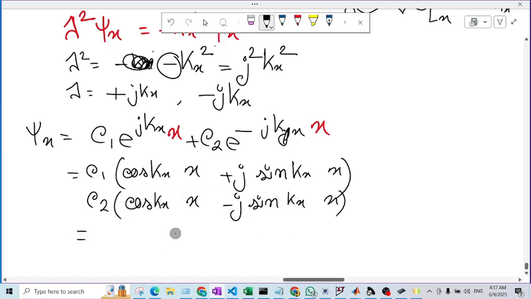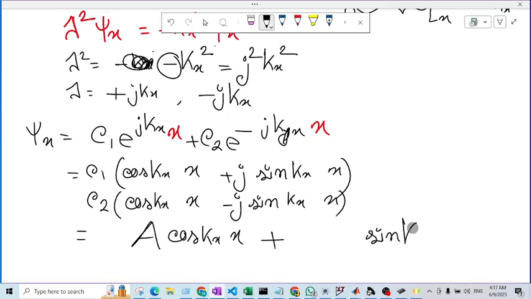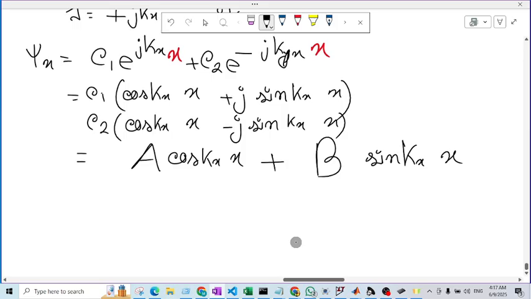Okay, so if I take the coefficient of cos, I have to take the summation of c1 and c2, and let's say that c1 plus c2 is another constant A. And if I take the coefficient of sine, that means c1 into j plus c2 into minus j is equal to another constant, let's say B. A and B might be real or imaginary. We'll see whether A and B are real, imaginary or zero.